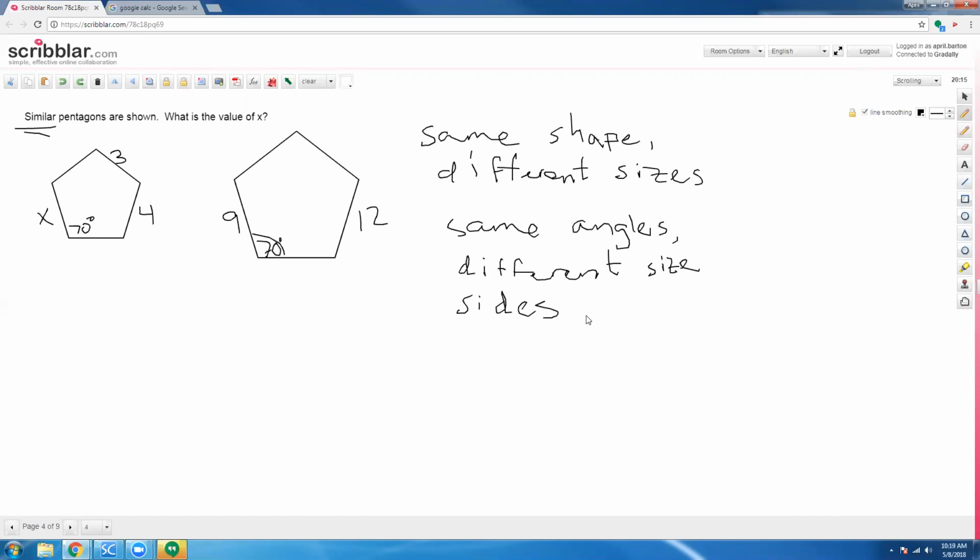So we can still set up our proportions the same way though. They're actually very similar in our setup because we've still got to keep that matching information. So I always like to put it into the first shape. The left side will be all the information I want from the first shape, and the second side will be the second shape.